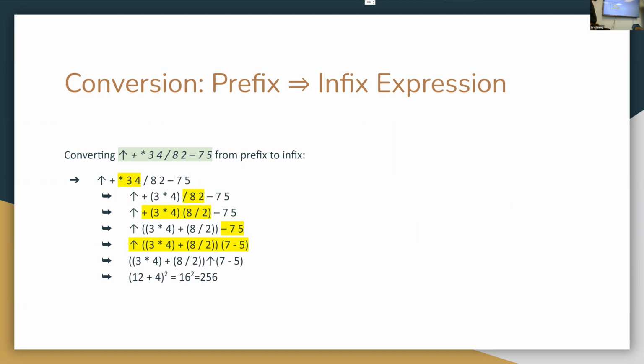In here, I'm using the colors to mark out the parts that you can work on. So when you go through this expression, you can see that you can have the multiplication of 3 and 4. So that can happen right away, first. And we'll just use parentheses to mark the parts that are already converted, that are already done.